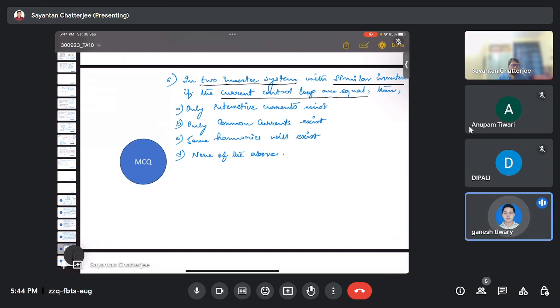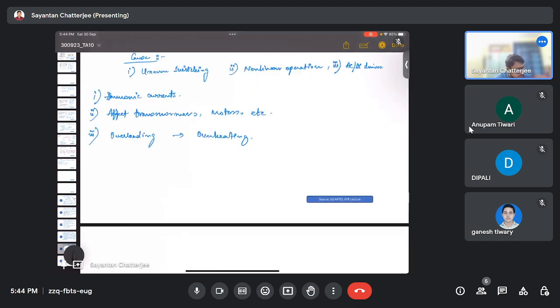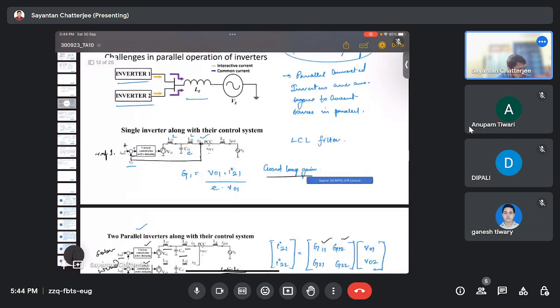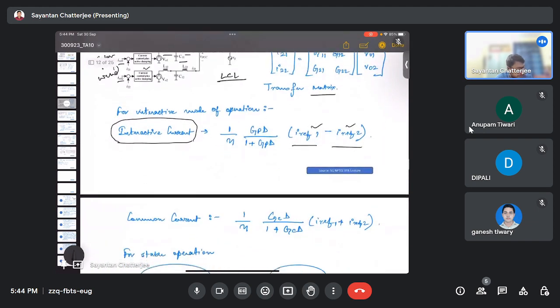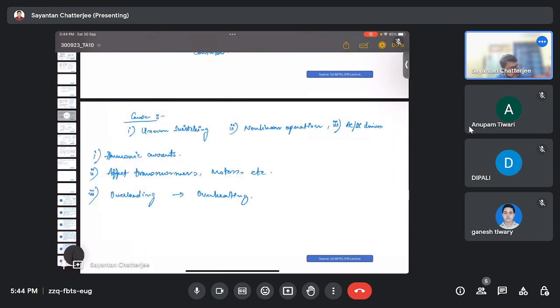Oh, sir, both A and B will answer. No, no. As I've just told, if both of them are similar, then IREF 1 and IREF 2 would be similar, and also the gain, GPD by 1 plus GPD.